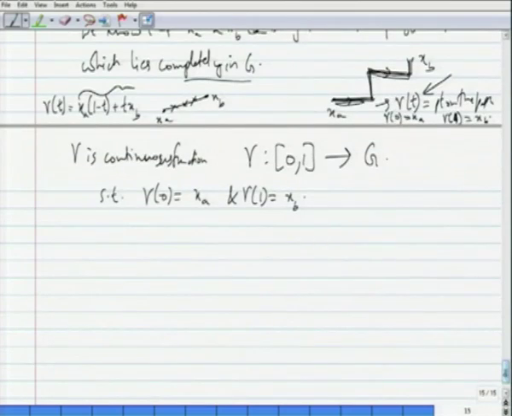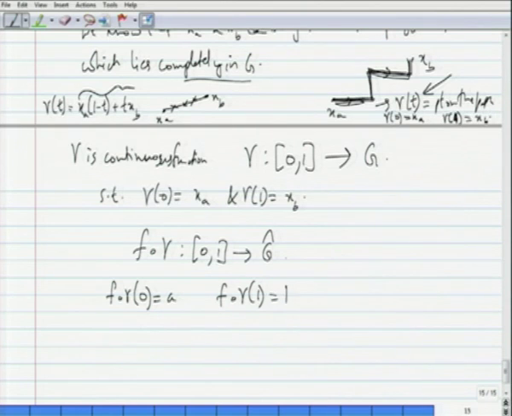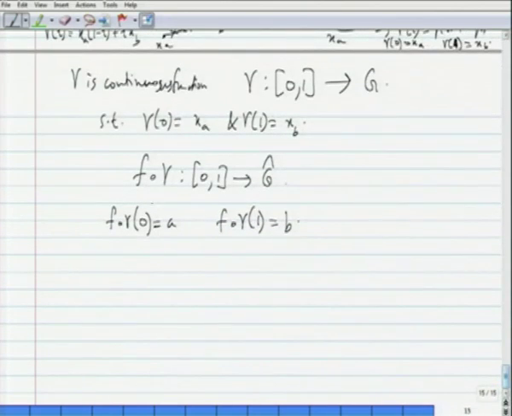Okay. Then what you can do is you compose f with gamma. Okay. So, f circle gamma, f is given to be continuous. Now, the domain of gamma is 0 1, this is going to G, and then f takes G to G hat. So, f circle gamma is a function from 0 1 to G hat. It has the property that f circle gamma of 0 is A and f circle gamma of 1 is equal to B. And f circle gamma is continuous, because it is the composition of continuous functions.